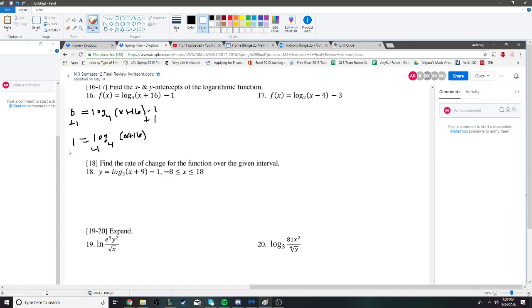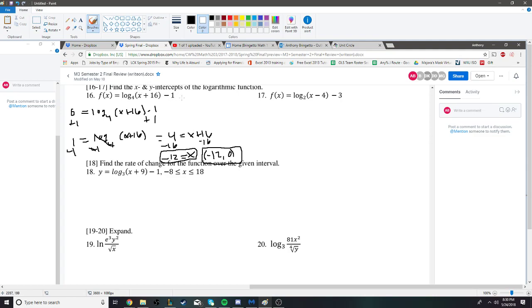We're going to put a base of 4 on both sides to cancel out the log. 4 to the first power is 4, so 4 is equal to x plus 16. Subtract 16 from both sides, and we get negative 12 is equal to x. That's the x-intercept, so that's at negative 12 comma 0.